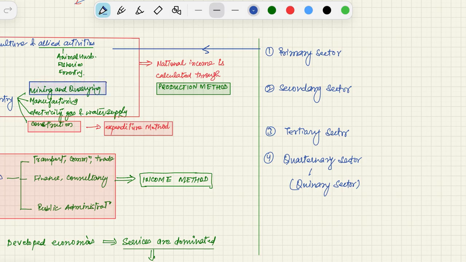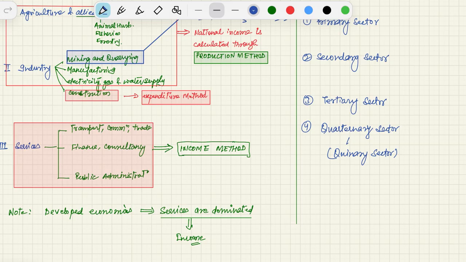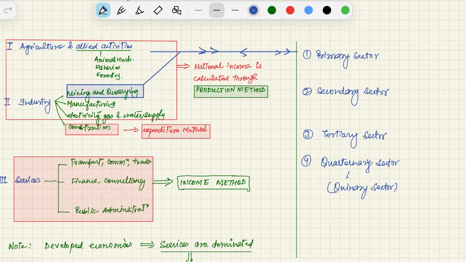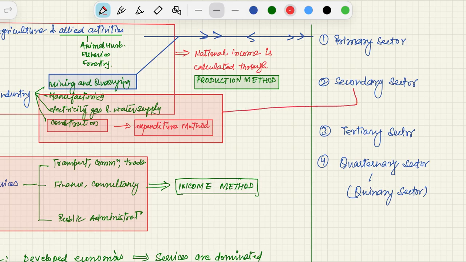Primary sector includes agriculture and allied activities along with mining and quarrying. What does the secondary sector include? Secondary sector includes manufacturing, electricity, gas and water supply, and construction activities.